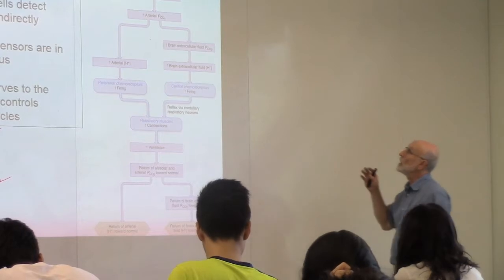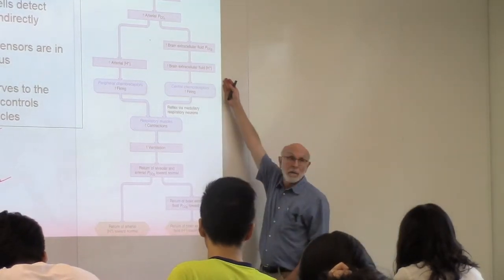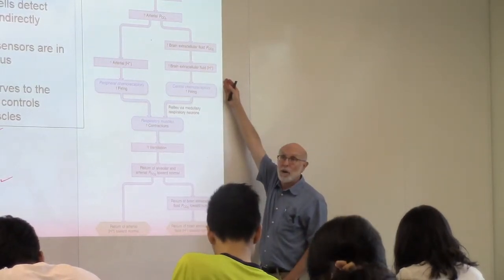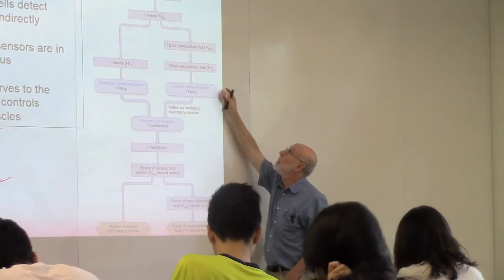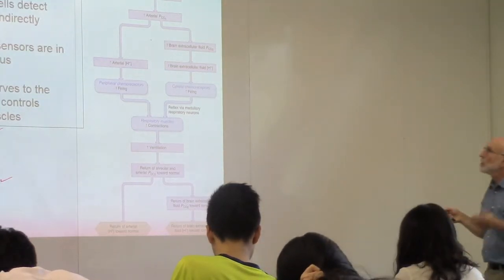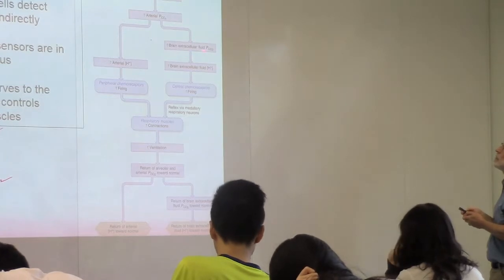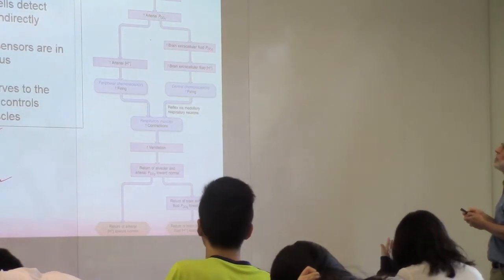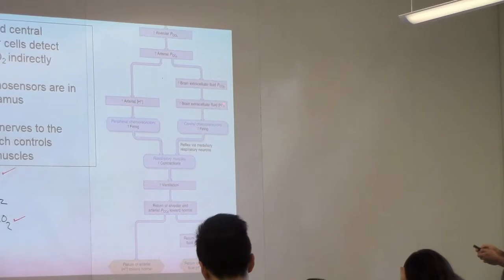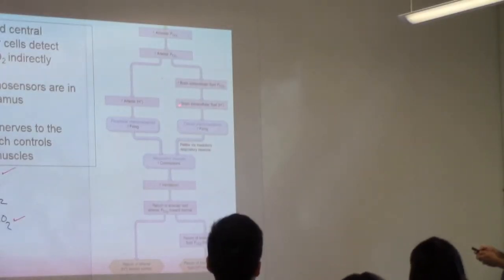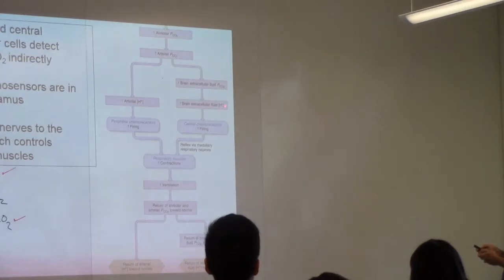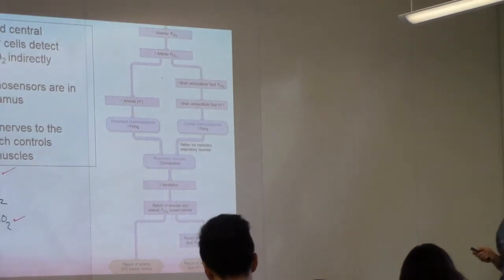The same story is true in the central chemosensors. PCO2 goes up, pH goes down. Everybody clear? When this goes up, brain extracellular fluid proton concentration goes up, so pH goes down.